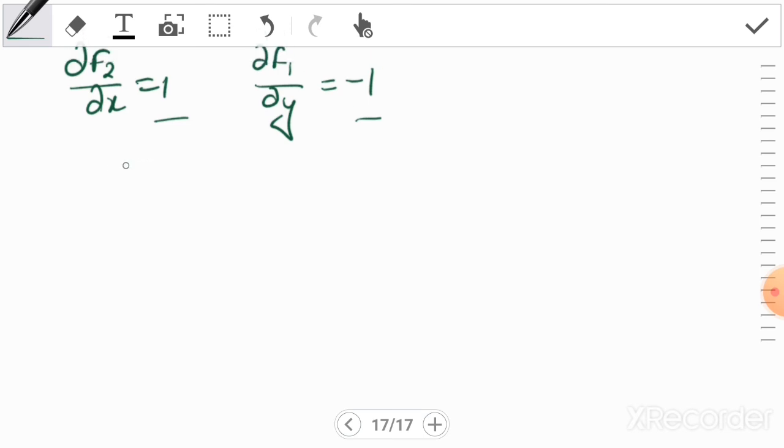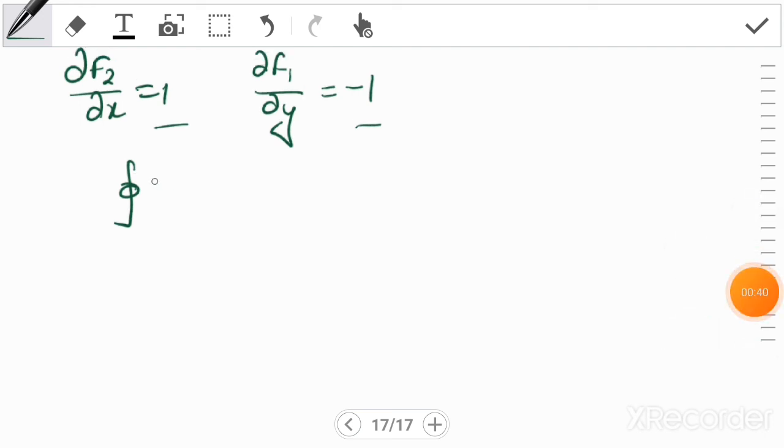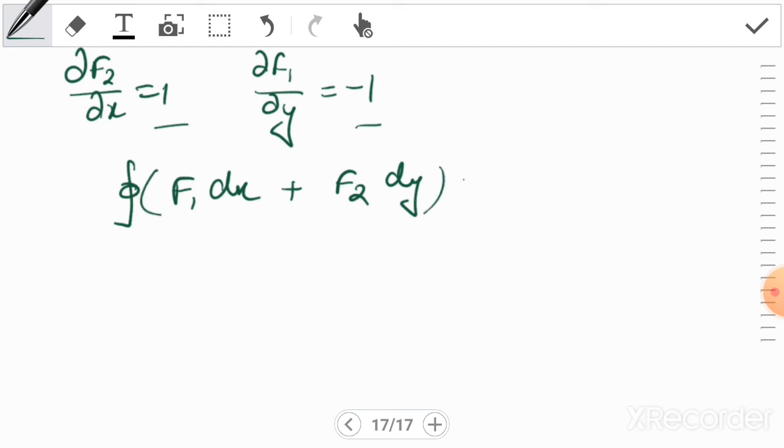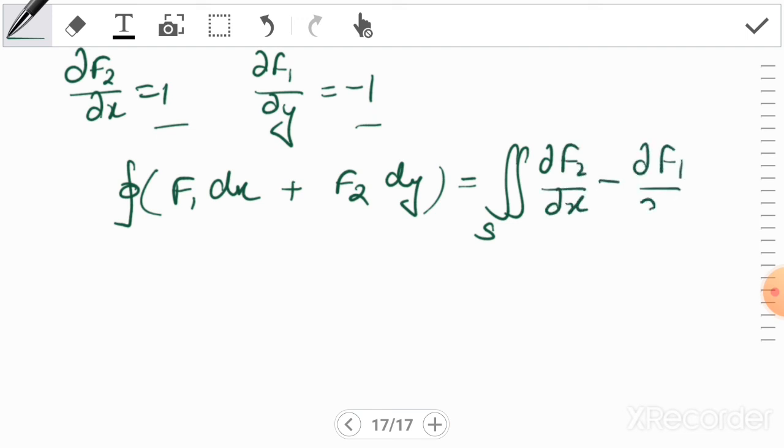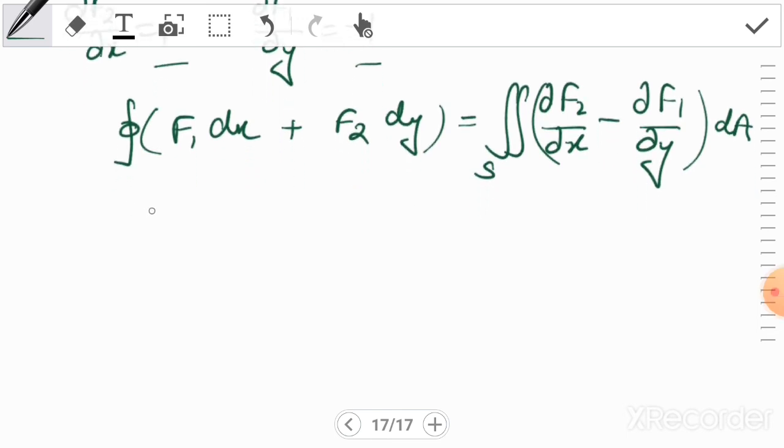According to Green's theorem, let us rewrite the formula: the integral is equal to the double integral of (del F2 by del x minus del F1 by del y) dA.